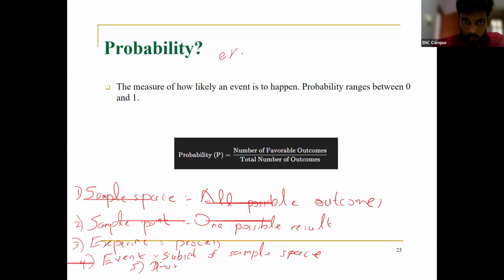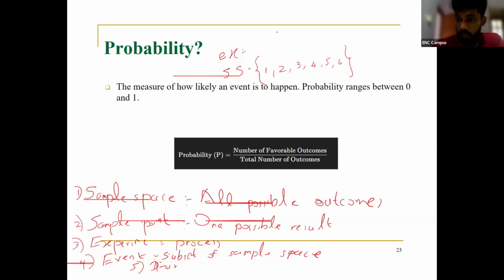The example is rolling a dice. What is our sample space? Sample space is all possible outcomes: 1, 2, 3, 4, 5, 6.